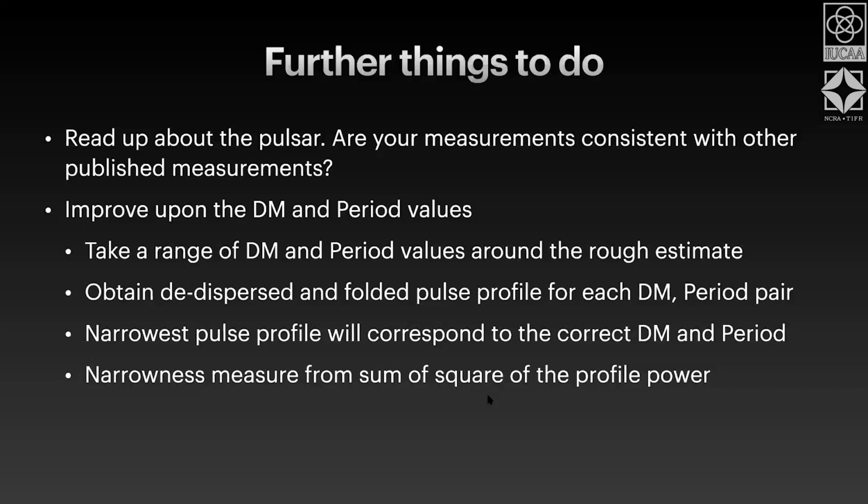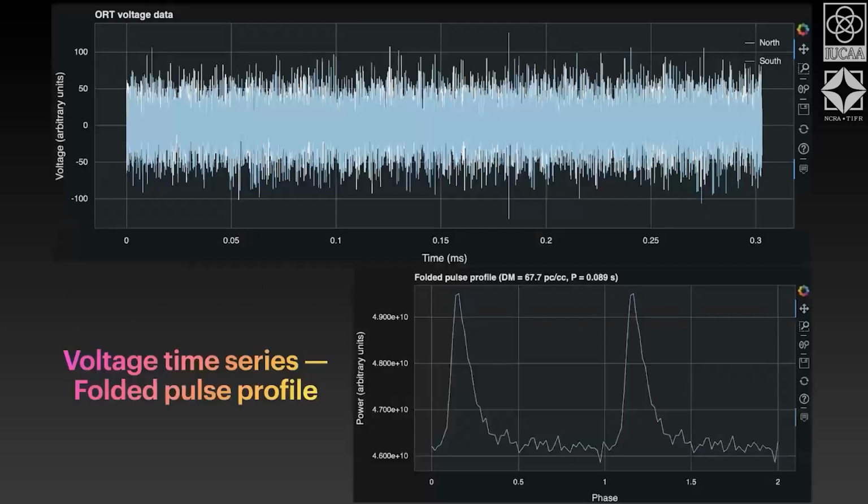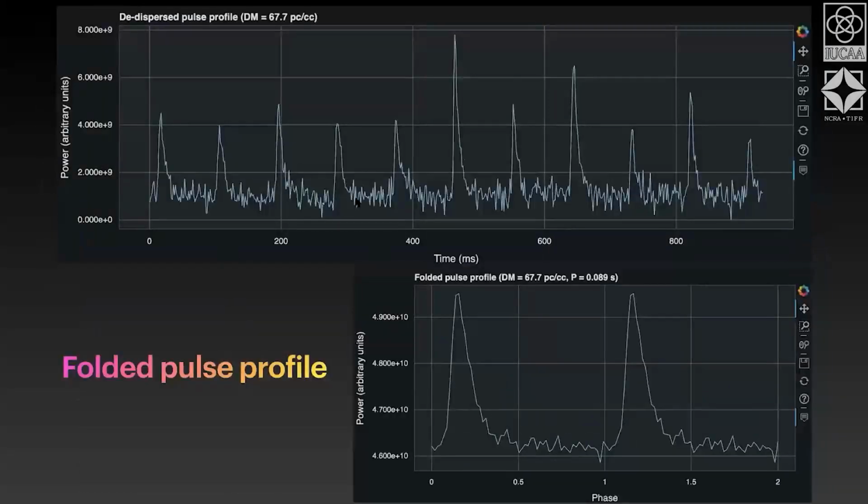One of the measures that can give a measure of the narrowness is to take the sum of the squares of the intensities that you have in this profile. It might be better to do an overall subtraction of a minimum level of intensity that is common to all these DM and period de-dispersion and foldings.